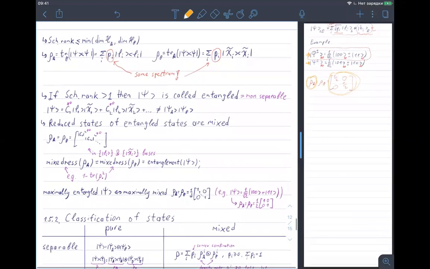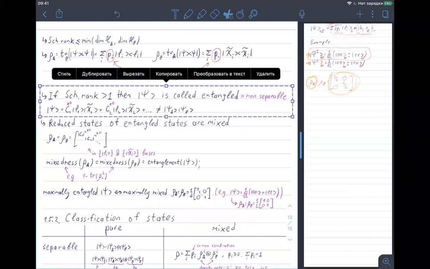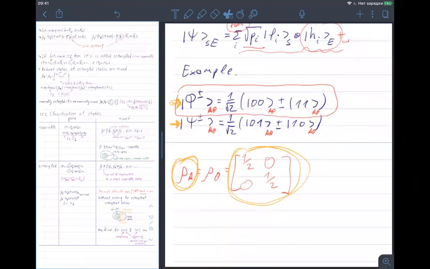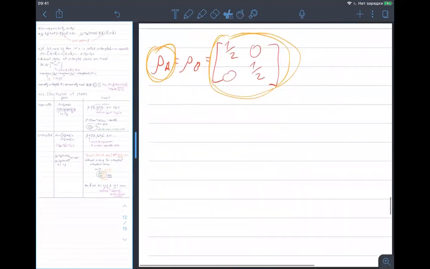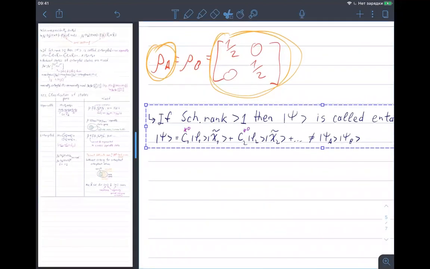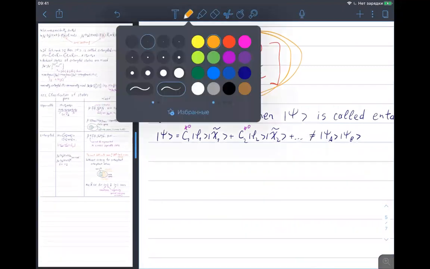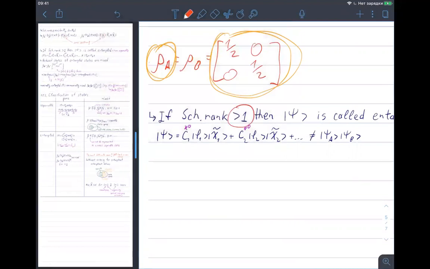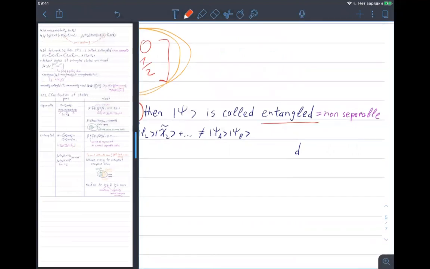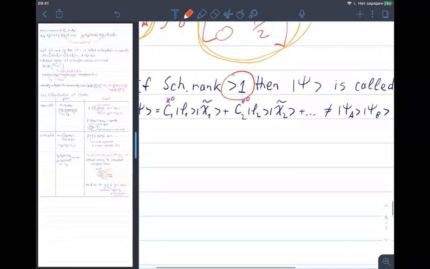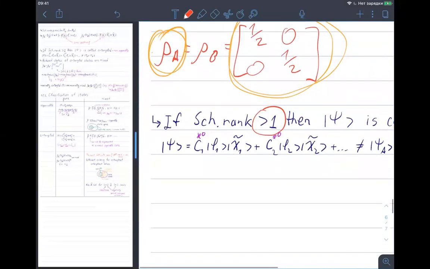Some story about definitions is the following. First, this Schmidt decomposition gives you the definition of entanglement, what people call an entangled state. The idea is quite simple. If the rank of your pure state is greater than 1, so we have at least 2 terms in your Schmidt decomposition, then the resulting state is called entangled. Entangled is the opposite of separable, so it's non-separable. What does it mean that your Schmidt rank is larger than 1?